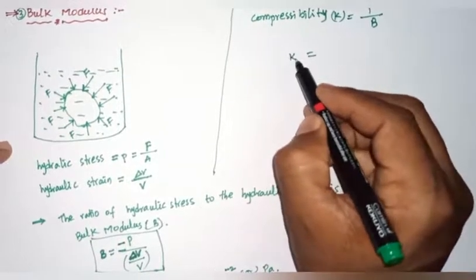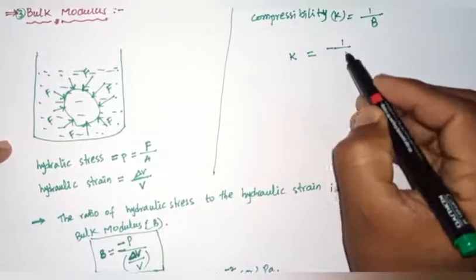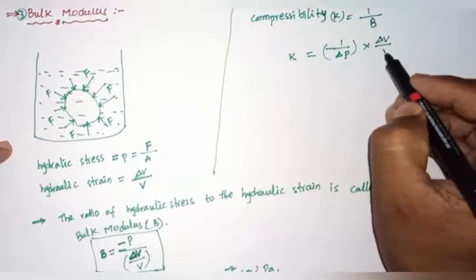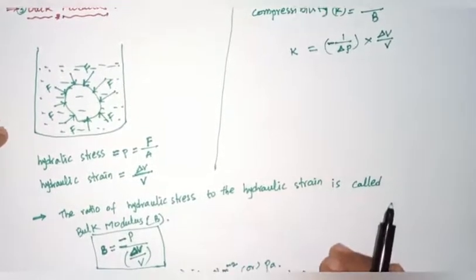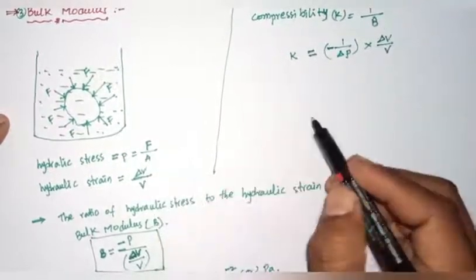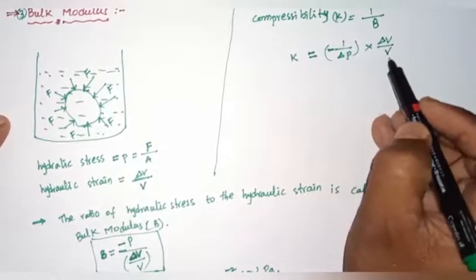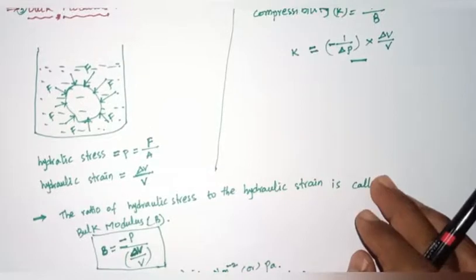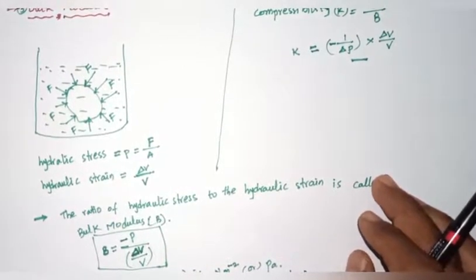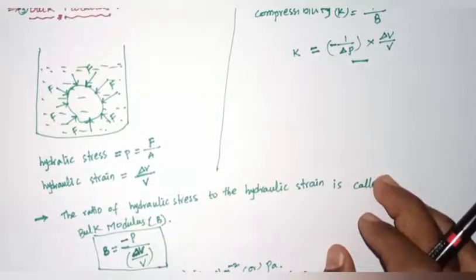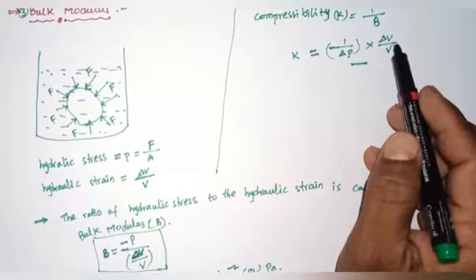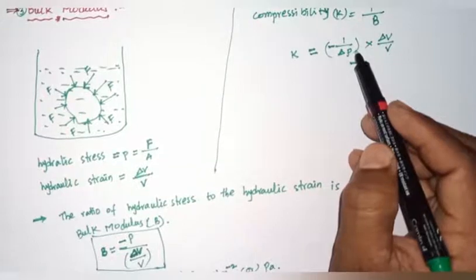It is also denoted K equals minus 1 by delta P into delta V by V, that is K equals 1 by B. From this equation, it is defined as the fractional change in the volume per unit increase of pressure. That is called the compressibility.